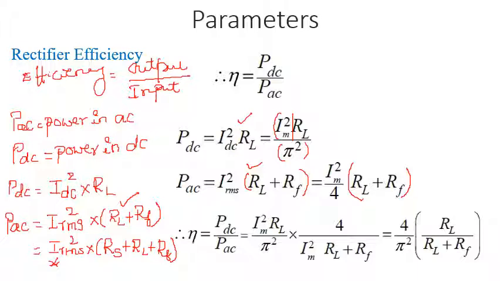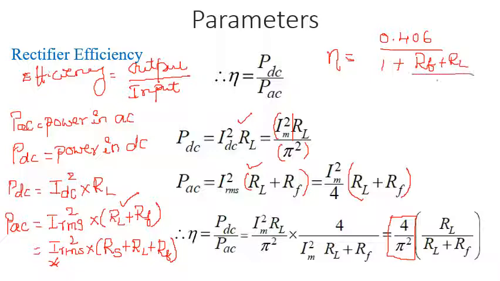Dividing PDC by PAC and rearranging the terms, I will get the equation as 4 by pi square into RL divided by RL plus RF, which can be simplified and written as efficiency eta equal to 0.406 divided by 1 plus RF divided by RL.